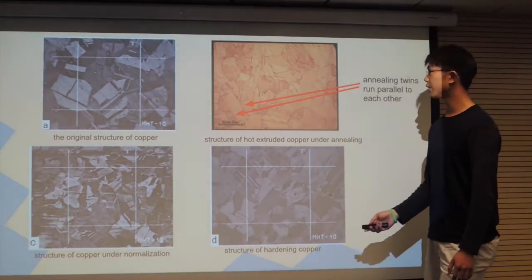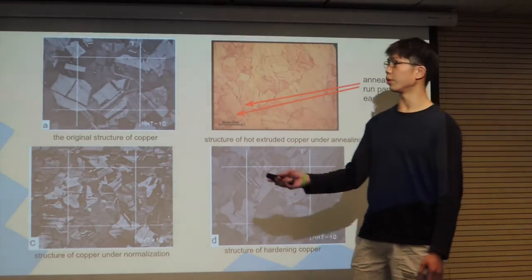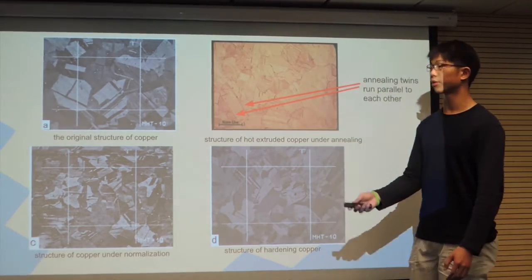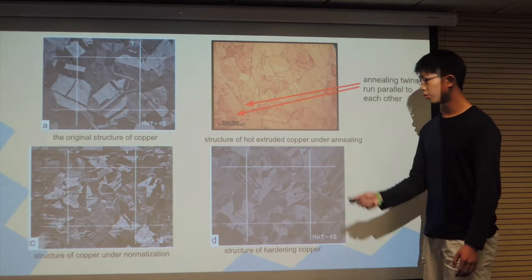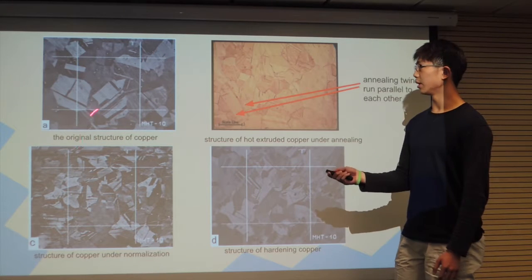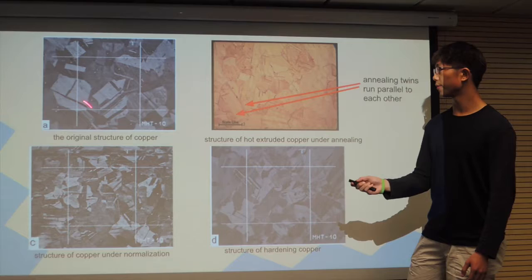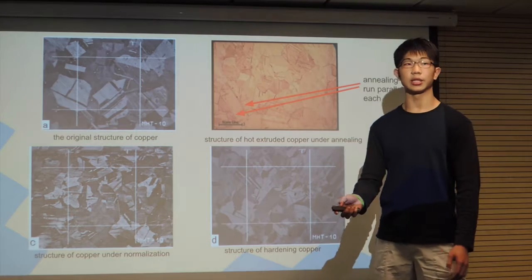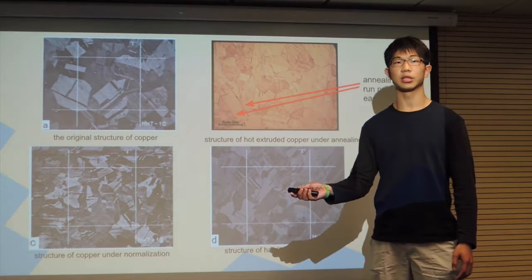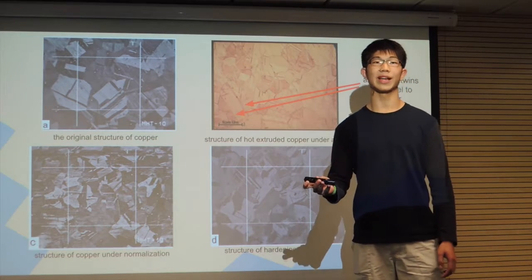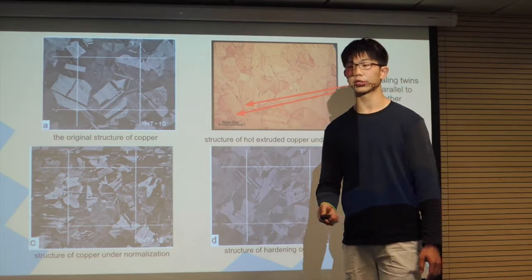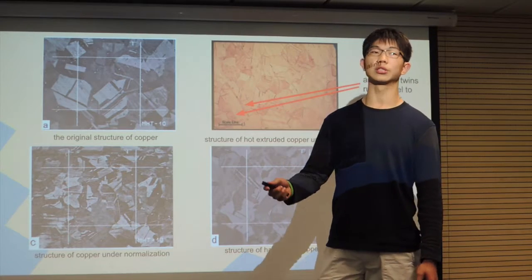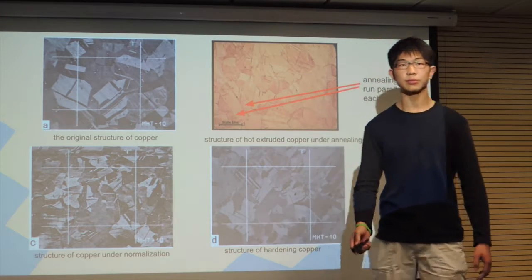And here, I would like to provide you with 4 different microscopic structures of copper. The one on the top left is the original structure of copper, and the one on the right hand side is the structure of hot extruded copper. So it is formed under annealing. Annealing refers to heating and then cooling of copper or metals.